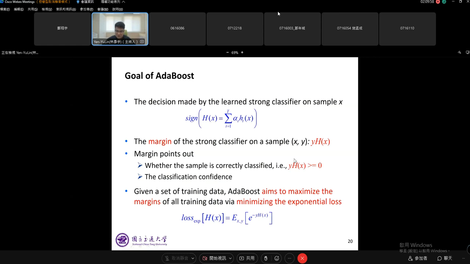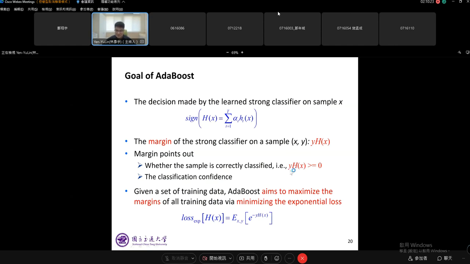Actually, this is a real value, so it is used to indicate the classification confidence. We hope to correctly classify this data point with high confidence, so we hope that the value of y h of x is large enough.